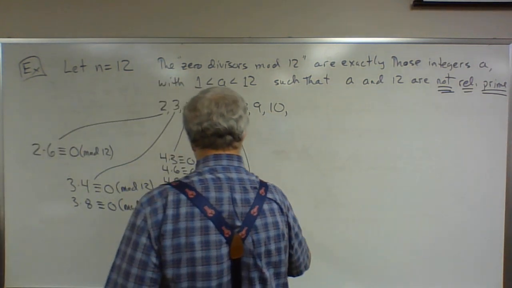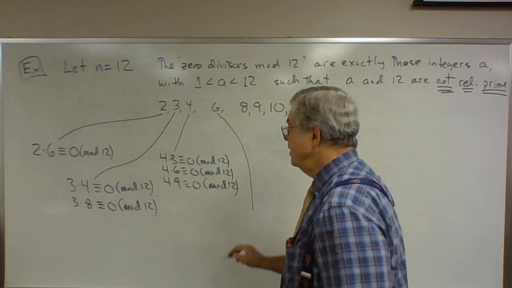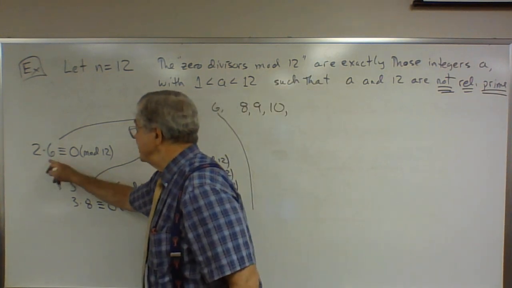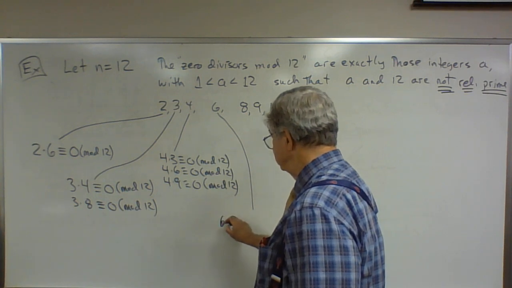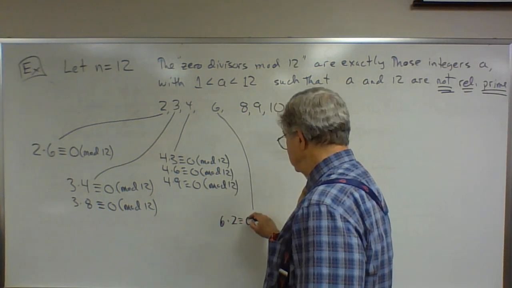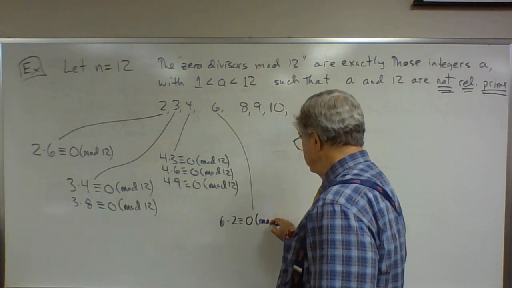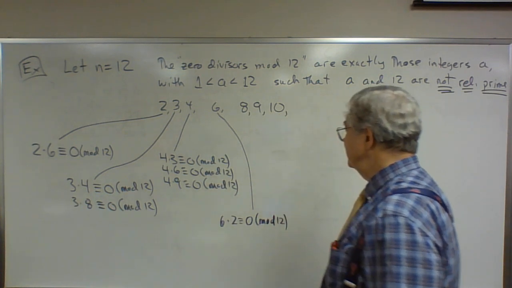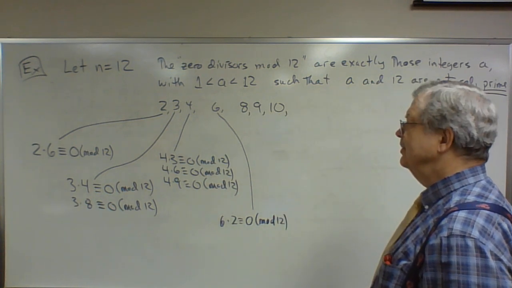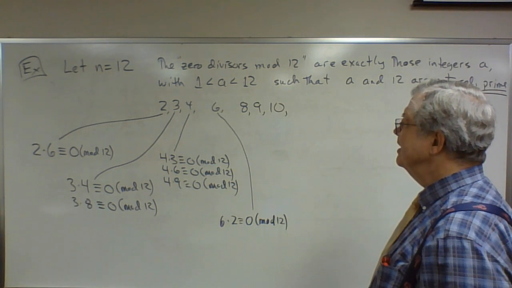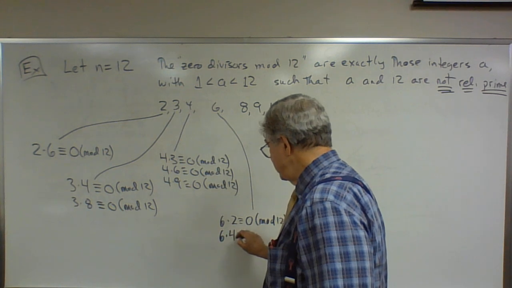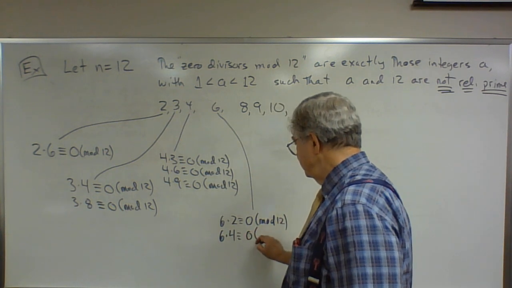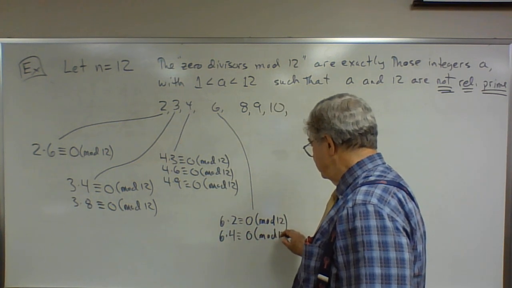And 6. We already saw that 2 times 6 is congruent to 0 mod 12, so 6 times 2 is congruent to 0 mod 12. Is there anything else? You better believe it. 6 times 4 is 24, which is 0 mod 12.